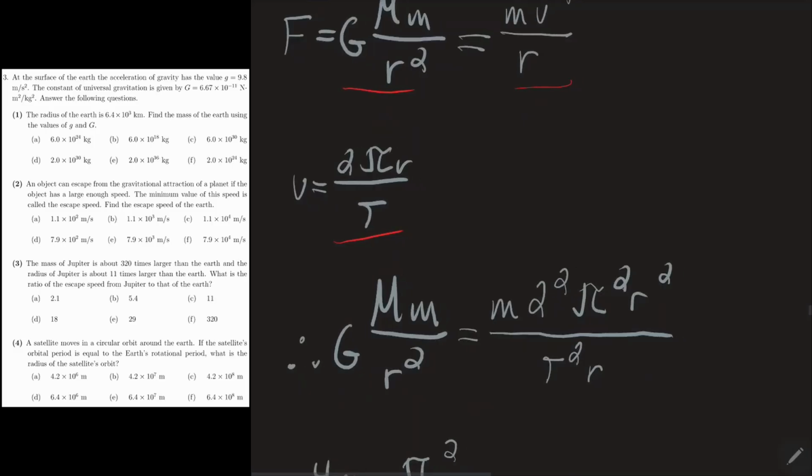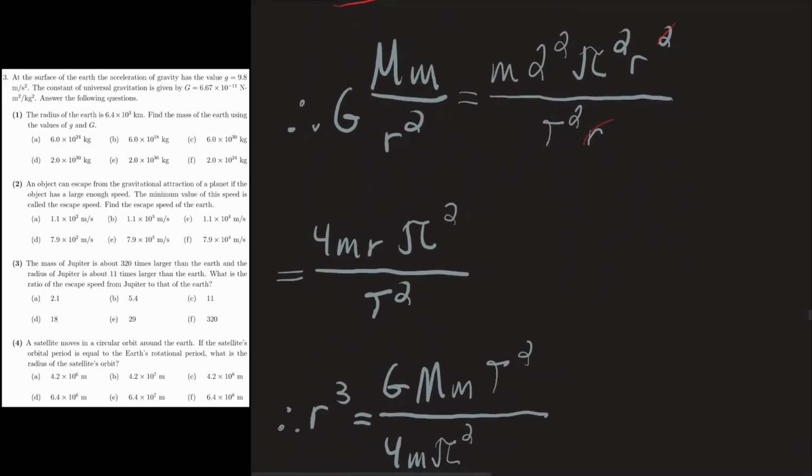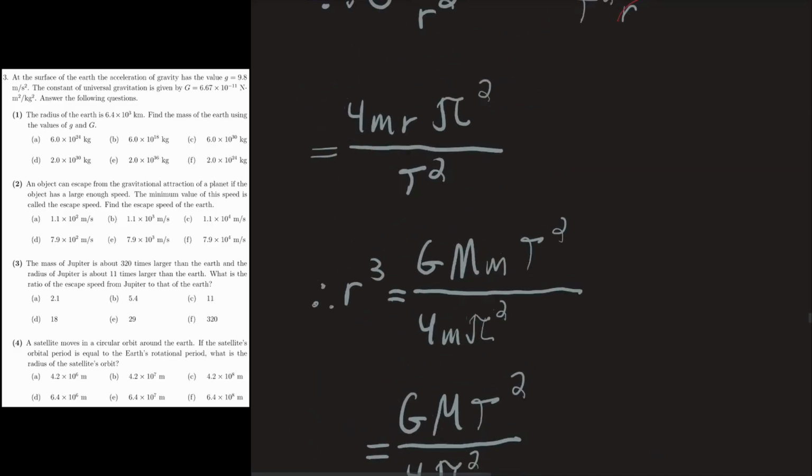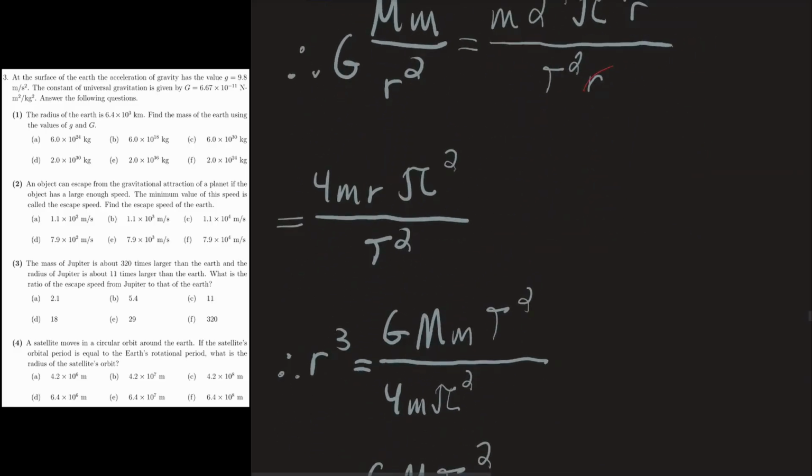and we can cancel out some r's on this side, and then we rearrange this whole equation for r. I'm not going to go through every single step of rearrangement. Assume you all know how to rearrange an equation.